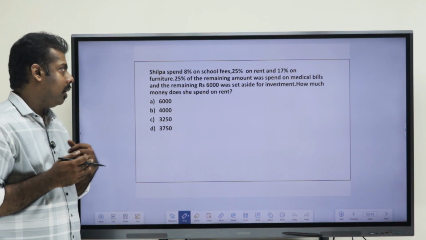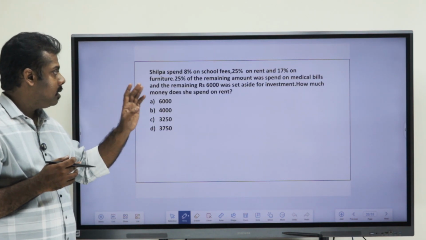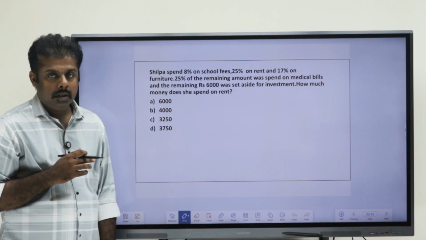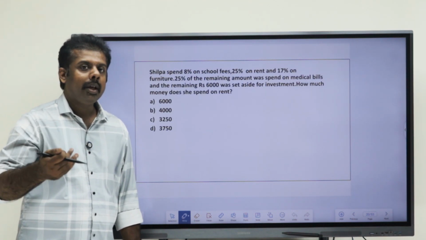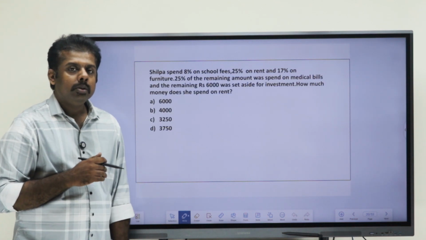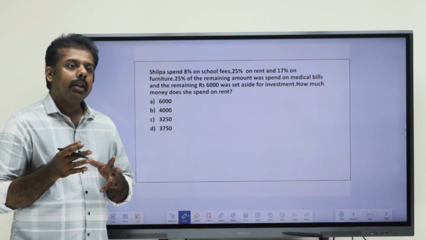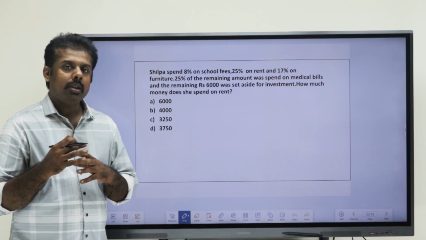So how can we start it? As we can see, all the conditions are based on the amount that she has spent. So we can assume that she has spent so and so amount. Like we did in the previous questions, in case of percentage, it is always better to take the initial value as 100x.